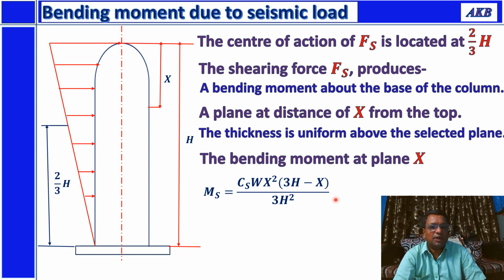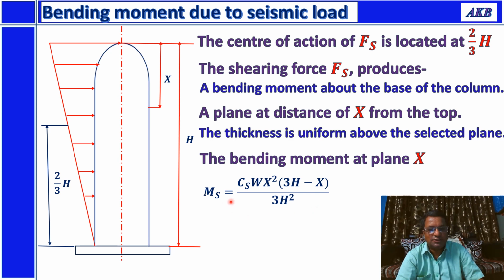Derivation, you can get it in one of the books on design of equipment for chemical industries. For the time being, what is important for us is that we need to know this equation, because that will be used in calculating the stress produced by seismic loads.